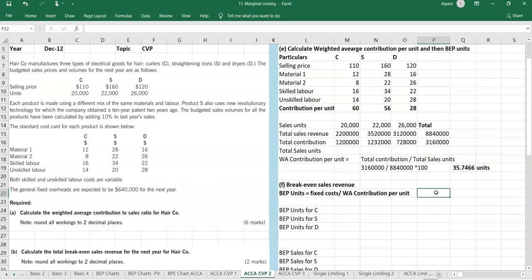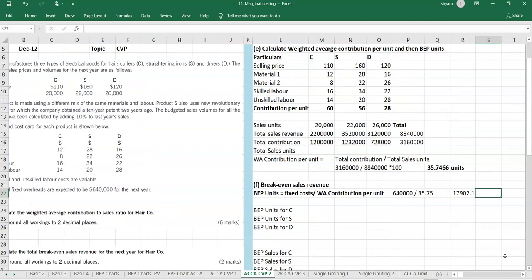Fixed cost here is 6,40,000 divided by 35.75. Okay, so this is the break-even sales units.